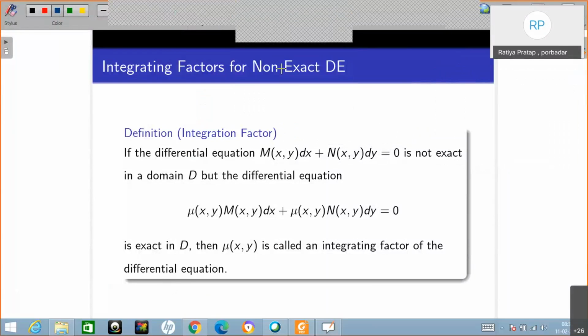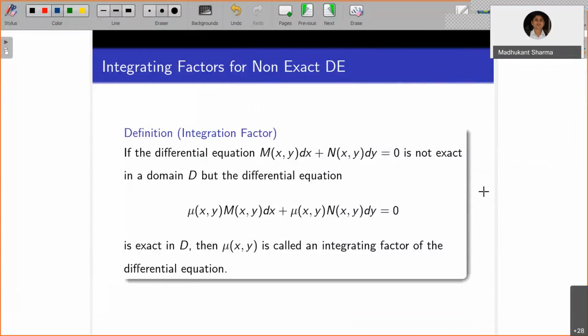Yeah, very good morning. In the last lecture, we defined when a given standard form of first order differential equation will be exact or non-exact.